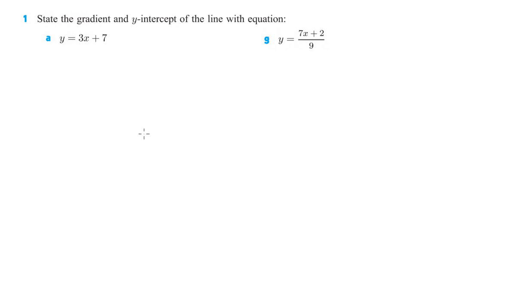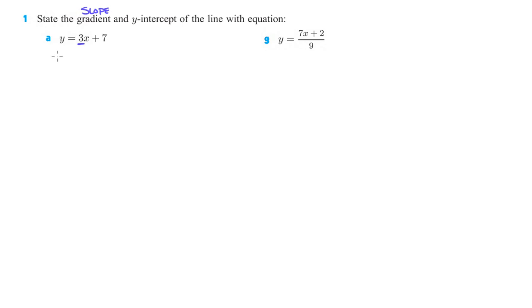I'm going to take you through some of the problems from the 1A assignment from core topics. Number one, state the gradient and y-intercept of the line with the equation. So gradient is the same thing, hopefully you'll remember, as slope, right? So the slope of this is 3.